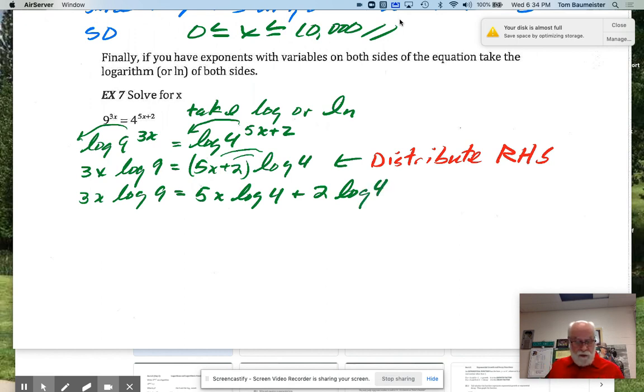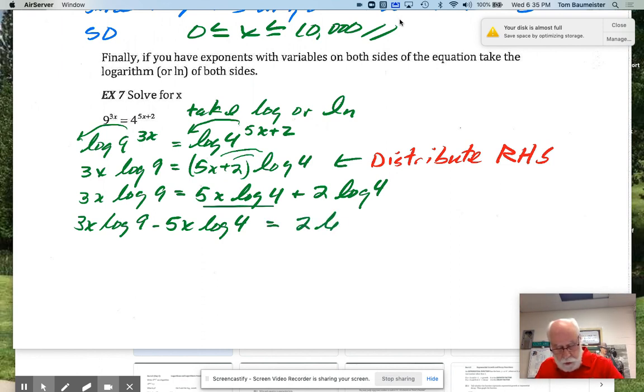Okay, so now, just like any other problem, we're going to try to get the x's on the same side. So I'm going to have 3x log of 9. Remember, I'm going to take this one here and move it over to the other side. So I'm going to say minus 5x log of 4. If you wanted to put it in the front and put the negative, it doesn't matter, okay, is equal to 2 log of 4.